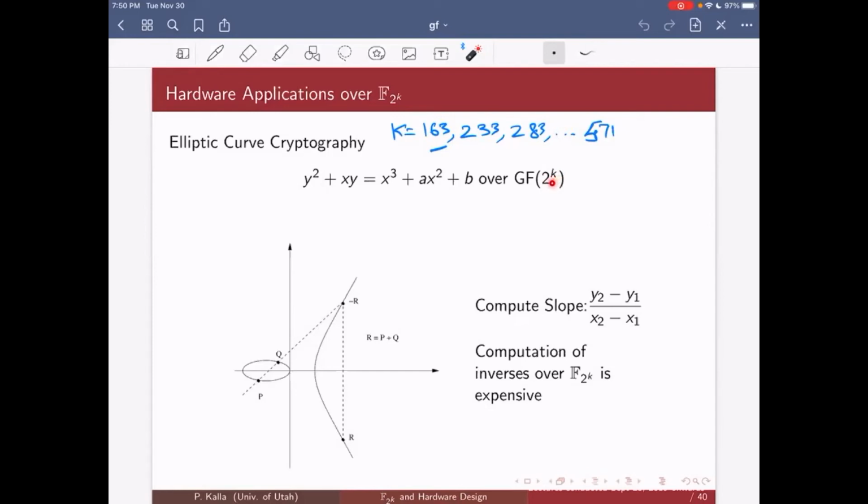Okay, and NIST specifies that these operand word lengths go from 163-bit operands all the way to 571-bit operands. So if you use smart cards or things like that, the smallest operand size that you want to use is 163 bits. So these types of designs, when you implement them in hardware, are very power hungry.